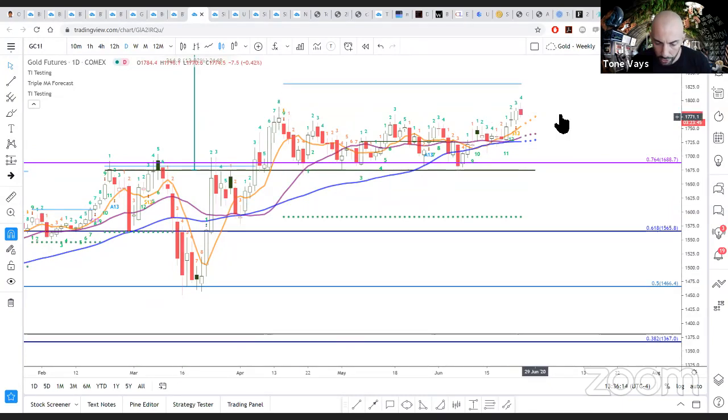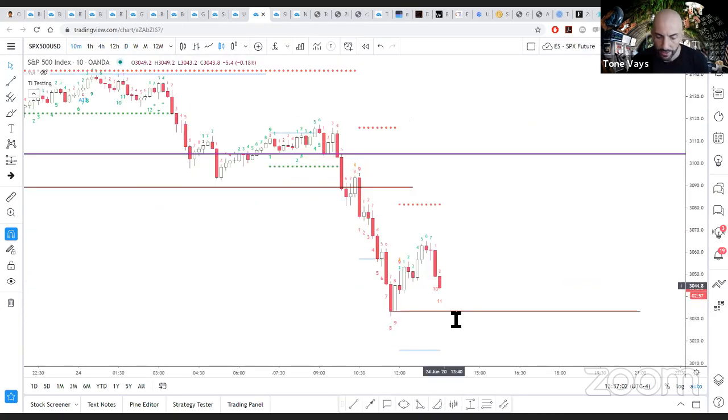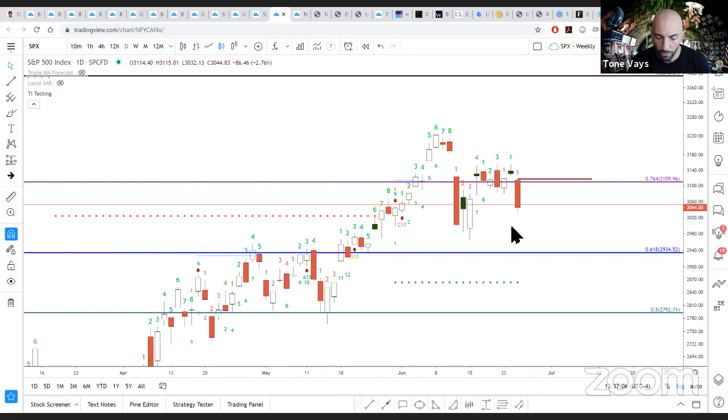So I am bullish gold. If the stocks make a new swing low and a new swing close, I'm bearish stocks. Now, if we only get one of the two, I'm bearish-ish stocks. All right, we got one last question.